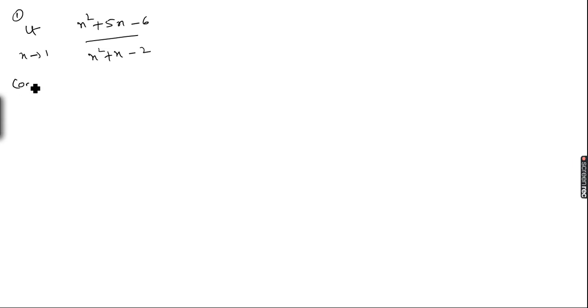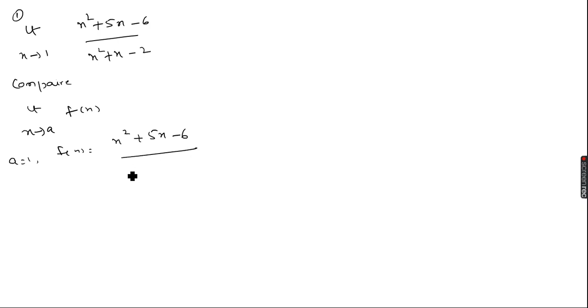So we compare with limit x tends to a of f of x. Therefore a equals 1 and f of x equals (x square plus 5x minus 6) by (x square plus x minus 2). So therefore we substitute x is equal to a.